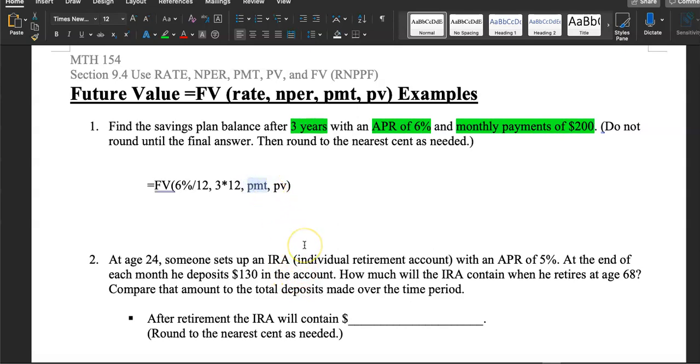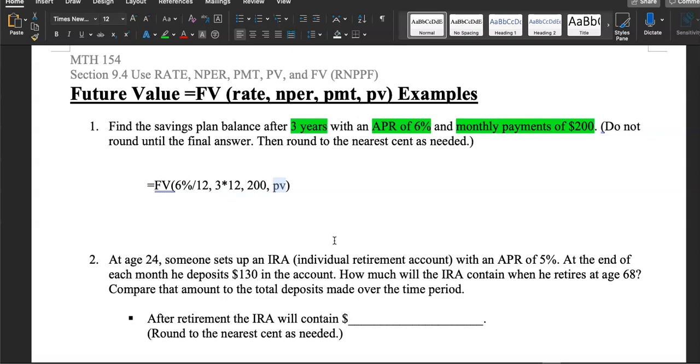Now this one, what about payment? Now we're making payments this time, right? It's been 0 so far, but for this one, we're gonna go ahead and deposit $200 every month. So type in 200 in the third entry for payment amount of 200. Now, what about present value? Now, think about this. How much money do we have in the savings plan today?